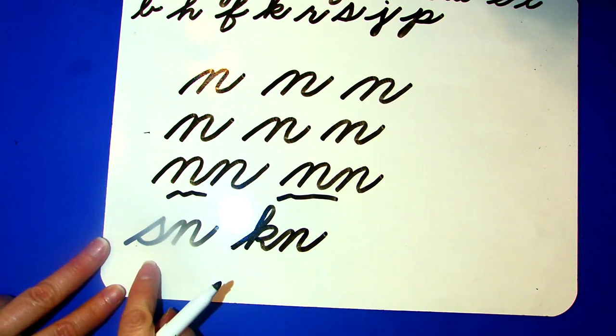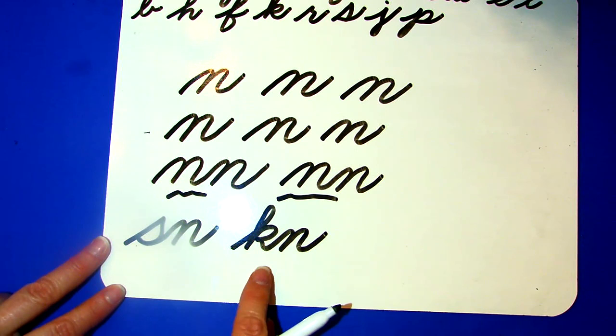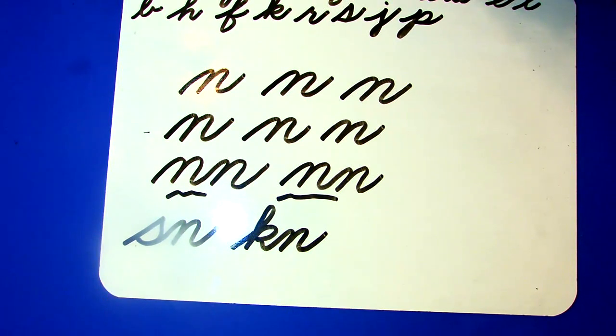If you read SN as in snake and KN as in "know," I know when your birthday is, then you're correct. Those 2 joinings are very common in words you would frequently write. Let me show you a few others. Let's see if you can read them.